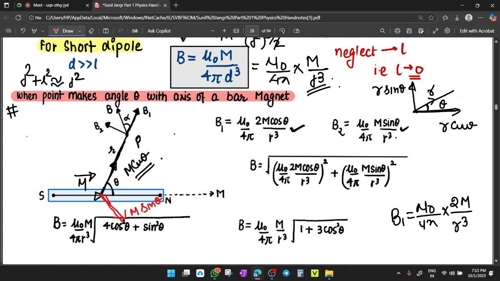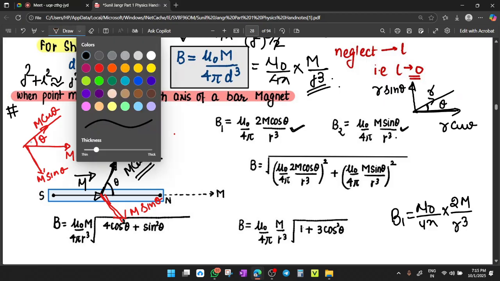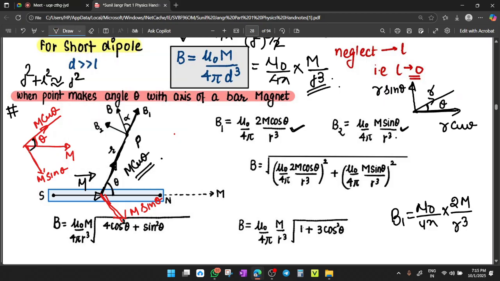So see, this is the full vector m, and in the direction of theta this component is m cos theta, and perpendicular to this component, at 90 degrees, this is m sine theta. Clear? Now you know the angle between m cos theta and m sine theta is 90 degrees. That's why these are called rectangular components. In class 11th you have studied these are called rectangular components.